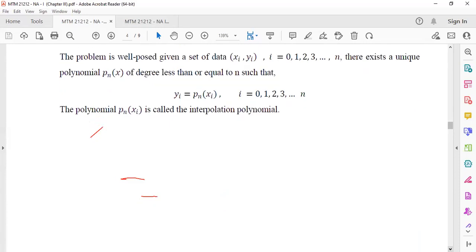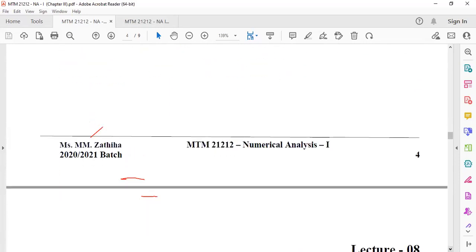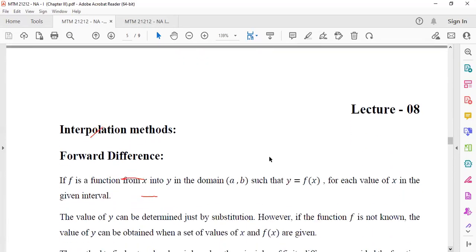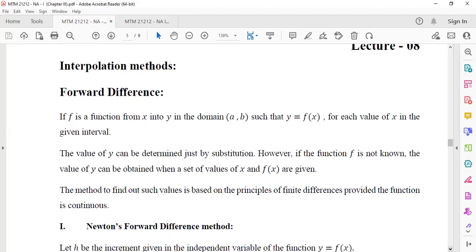So I'm going to begin from the interpolation methods. We have started something there, but anyway, I have sent you the module as well, so you can go through it.